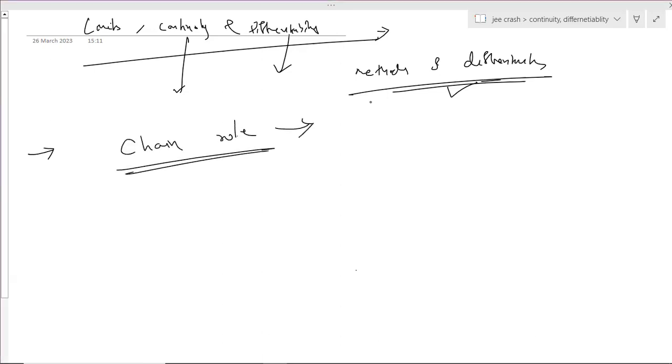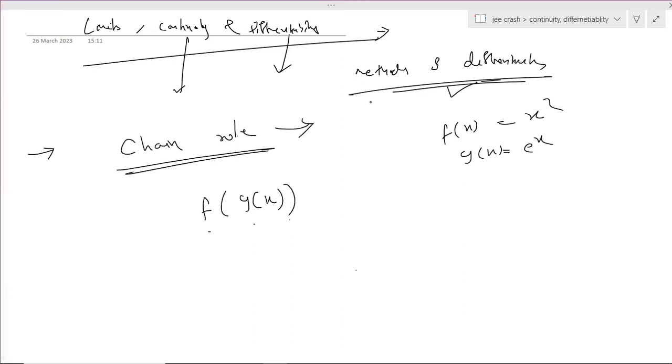All right. This is extremely important. So what does chain rule mean? If you have a composite function, right? Composite function means suppose f of x is x square, g of x is e to the power x. Then f of g of x means we are putting the value of x as g of x, right?